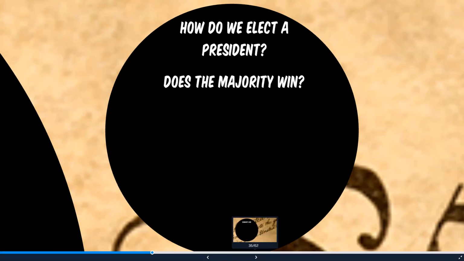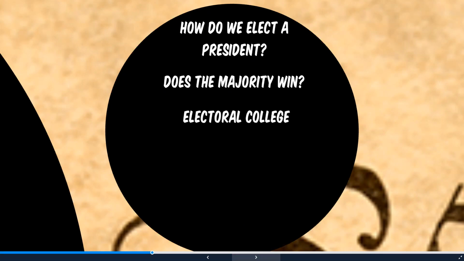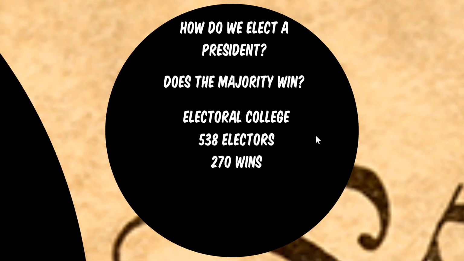You should know by now, because of either classes you've had or watching the news in the last election, not the most recent one, but the one where Trump got elected, that the majority is not what counts. We have what's called an electoral college. So there's 538 electors, and whoever gets 270 wins the election.